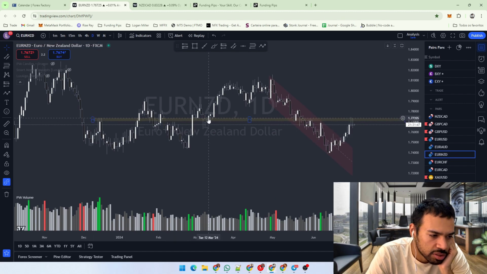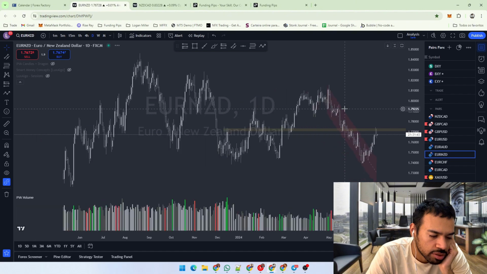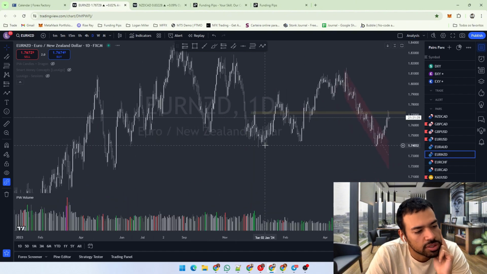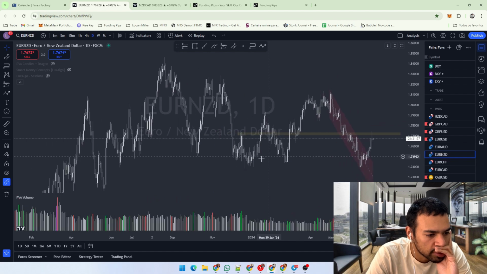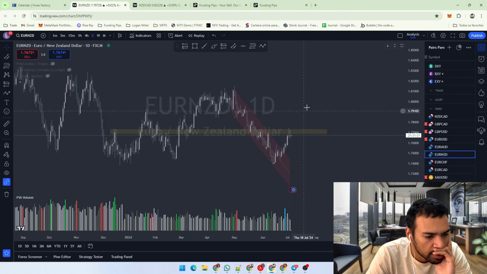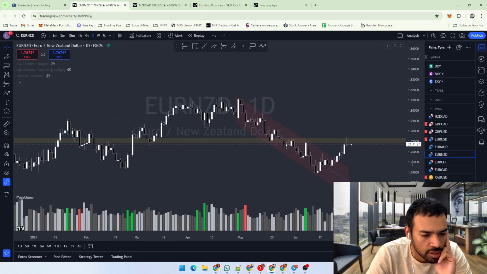We have 1 touch point, 2 touch points, 3, and now 4 touch points. And if we expand a little more, we have a little more touch points. I can put in this candle right here, yeah, because of this new high right here, okay?